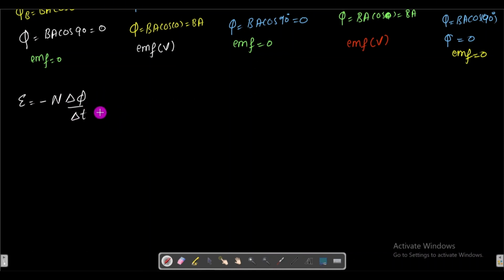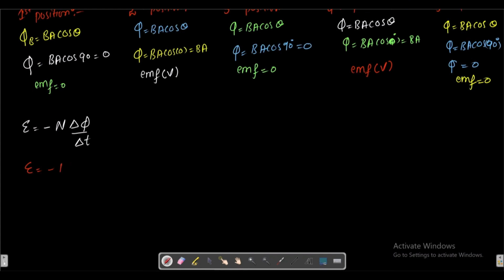Here we have to put the value of phi, so instead of phi we will put B A cos theta divided by del t.